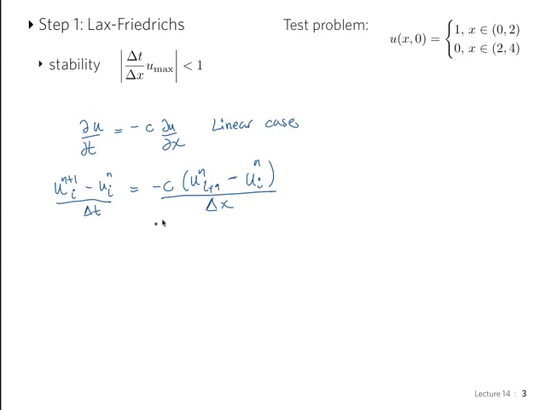So what happens if we choose, for this case, step number 1? In other words, I can write u_i^(n+1) equal to u_i^n plus c delta t over delta x times u_(i+1)^n minus u_i^n.